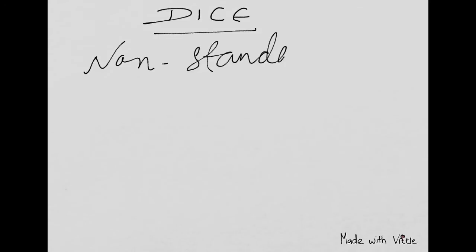The second type is the non-standard dice, and this is the dice which you have normally seen asked in your questions, which can have anything at the back of anything. Like if I have 1, I can have 2 also on the back side. Basically every question is asked on the basis of non-standard dice.